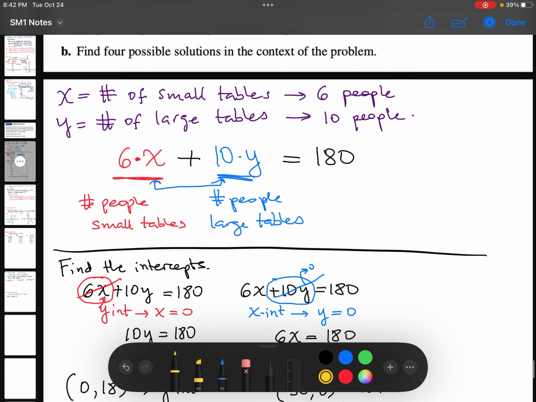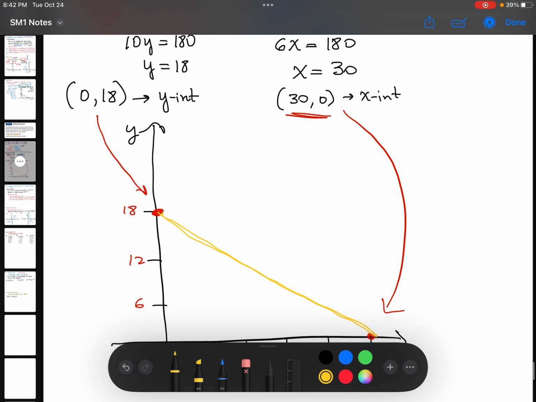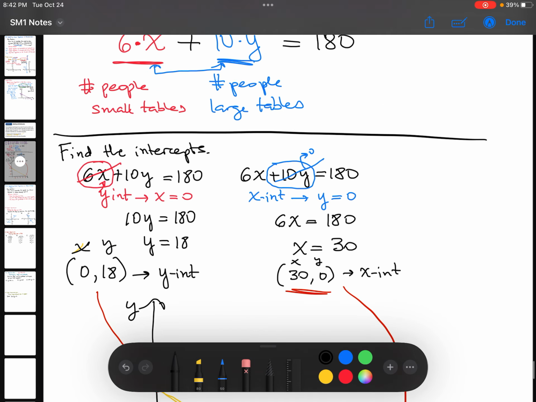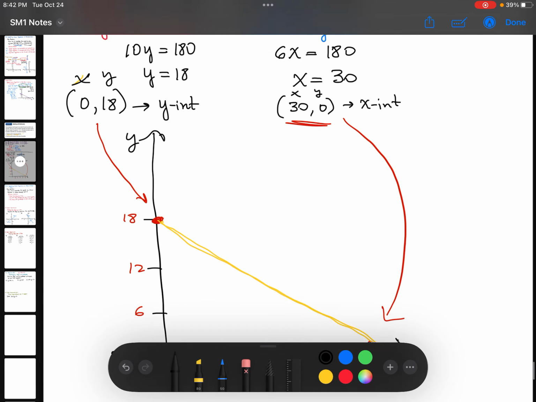Graph the equation. Interpret the intercepts. Can you see that x and y? Remember that x is the number of small tables, y is the number of large tables. What happens with the intercepts?